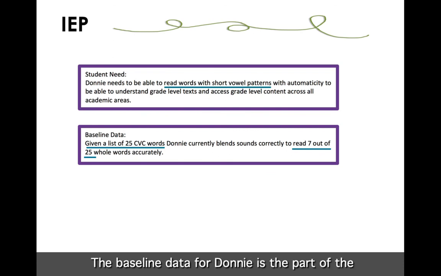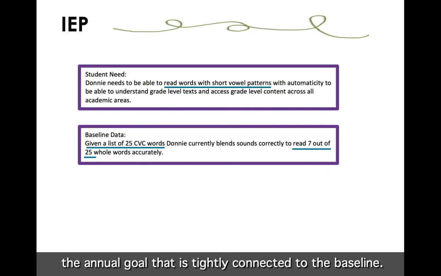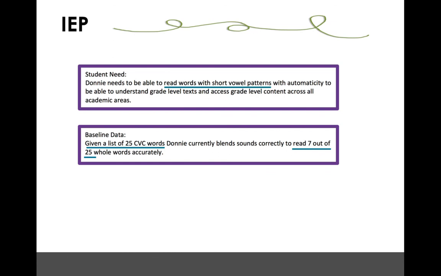The baseline data for Donnie is the part of the PLAFP that tells us his current present level of performance on this skill, and it leads to the annual goal that is tightly connected to the baseline.